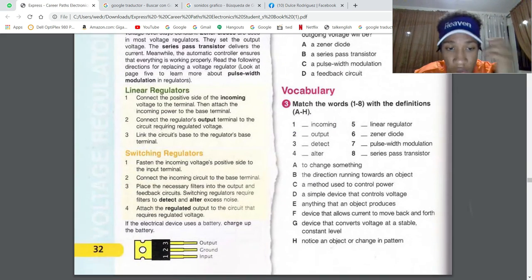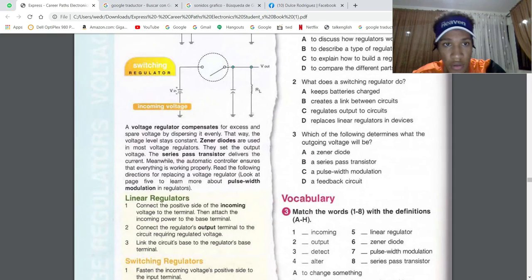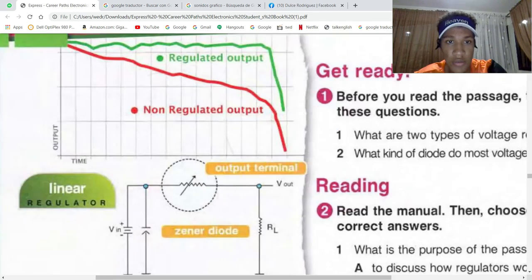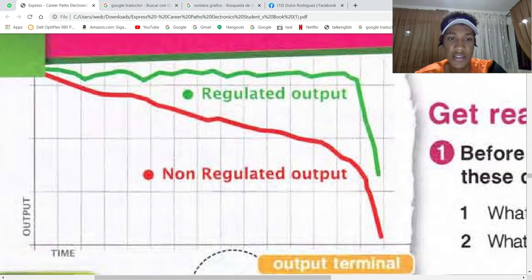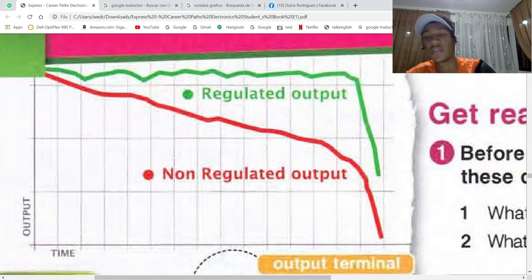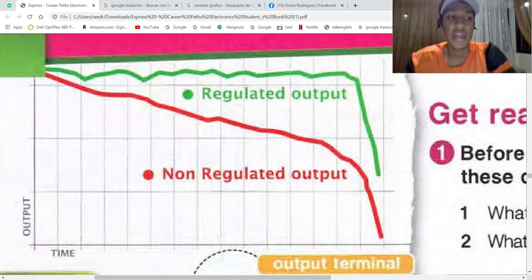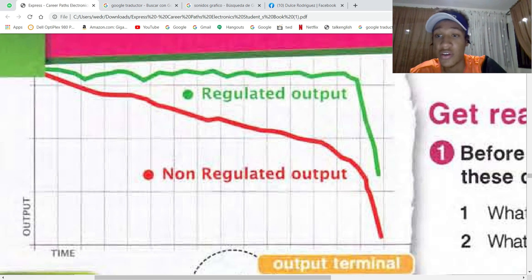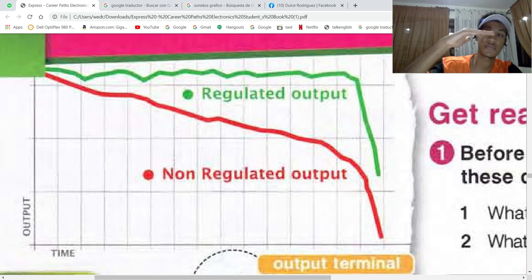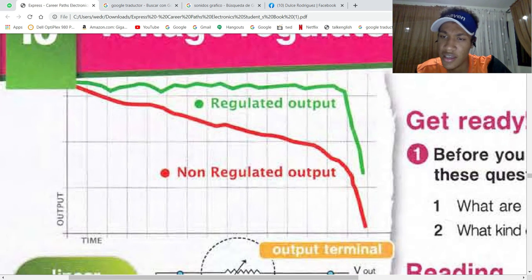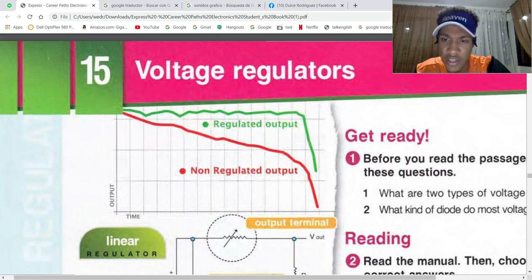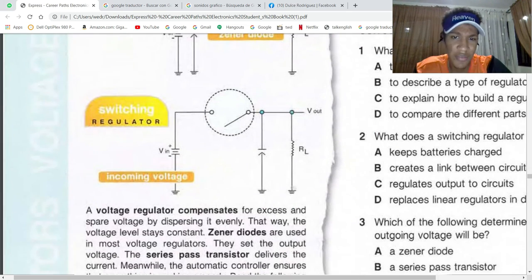For example, here this is the regular voltage output of a rectifier. In a rectifier you have this voltage. When you put a regulator, you have this. So I won't talk too much about the voltage regulator, but it's simple.